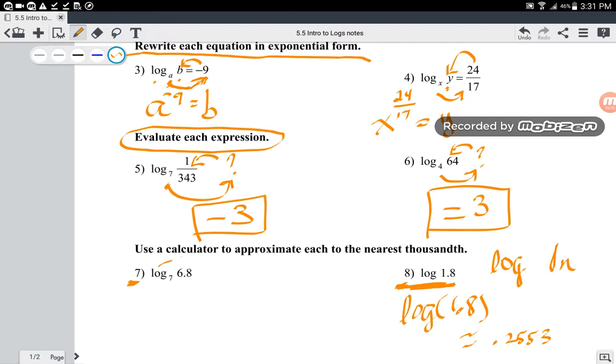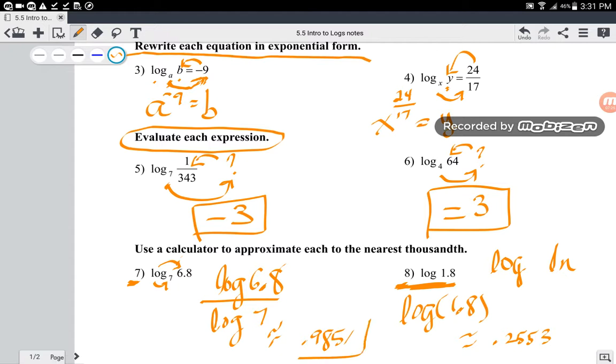And what you're going to do is you're going to do the log of the larger number and divide that by log of the base. Log of 6.8 divided by log of 7. Let's see, log of 6.8 on the top divided by log of 7 on the bottom, and I get about 0.9851.